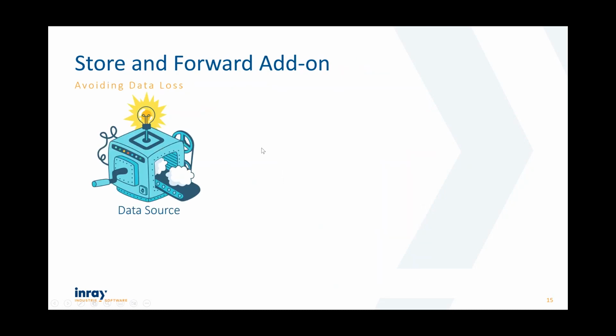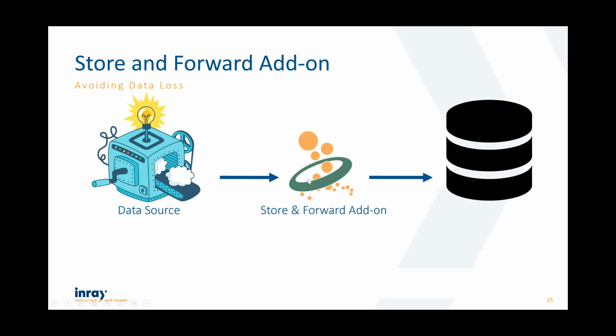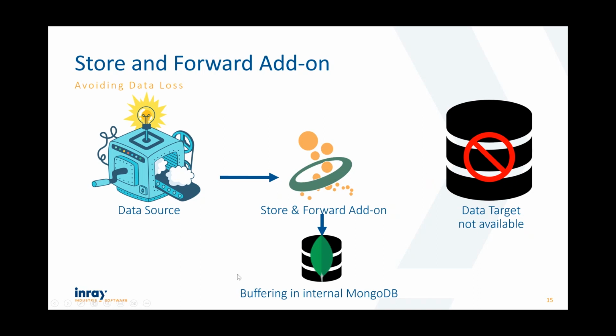Also to mention quickly, if you cannot afford to lose any data, OPC Router offers a store and forward feature. If data is coming from a data source and it should go to a data target, OPC Router will process the data as usual. If the data target should not be available for any reason, like the database has maintenance from the IT team, the server breaks down, the network connection has a failure or something else, OPC Router will store the data and buffer it in an internal Mongo database.